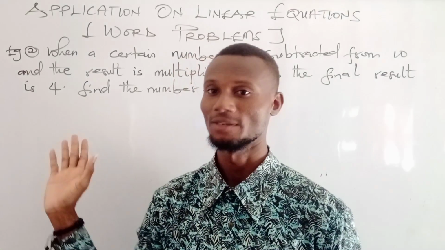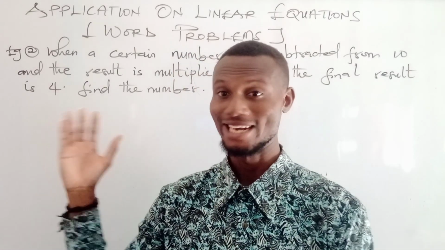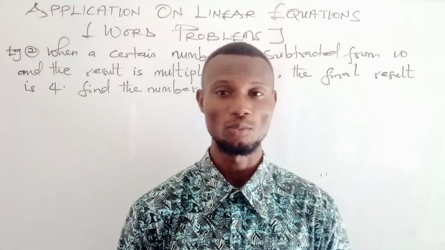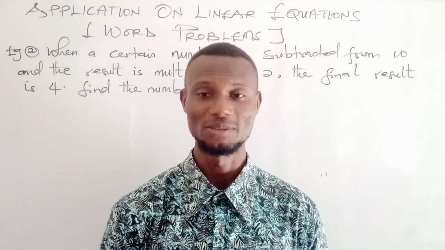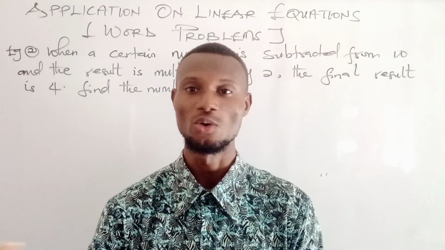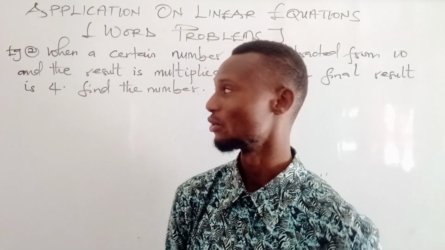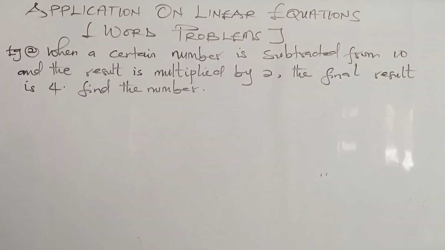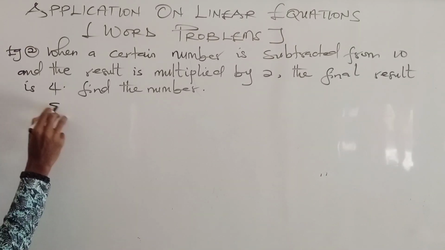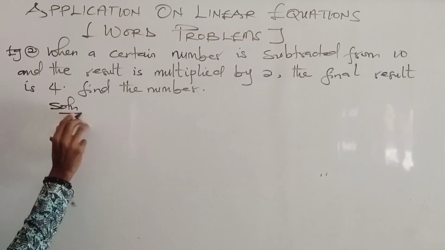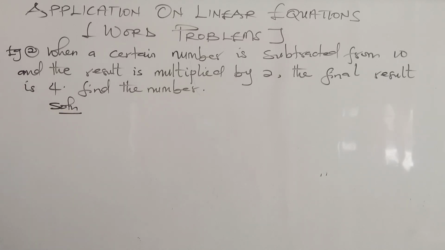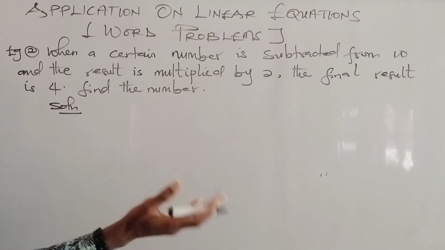Okay, so in this question we are looking for the number, the unknown number. So I'm going to start my solution by representing that unknown number by a variable. Let's go ahead and do that together. I'm going to write down my solution. Then I'm going to say that let S represent the number, or let S be equal to the number.